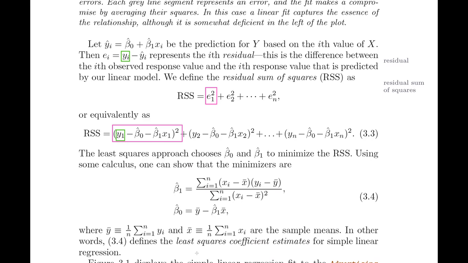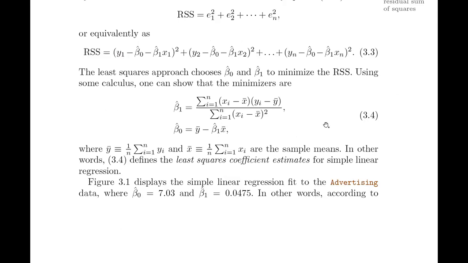Okay. I think for the time being, maybe we could take it at face value and just trust the book. So the book's telling us beta 1 is you calculate the mean of the x data, the mean of the y data.